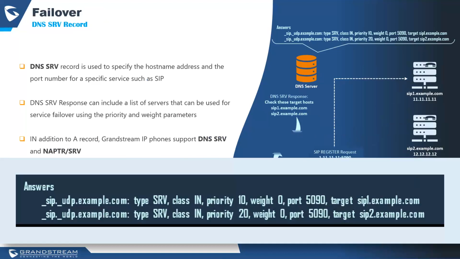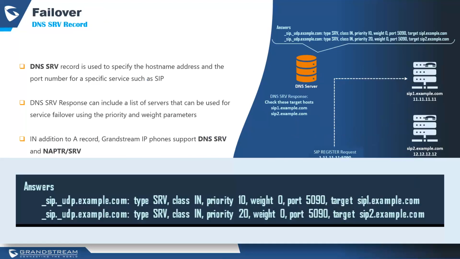But how does the IP phone know which server to prioritize? The SRV record defines the priority and weight for each target host. So the IP phone must read the values for the priority and the weight to decide, of course, which server to use first.